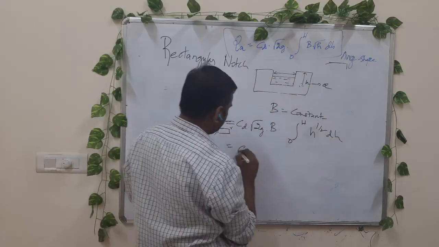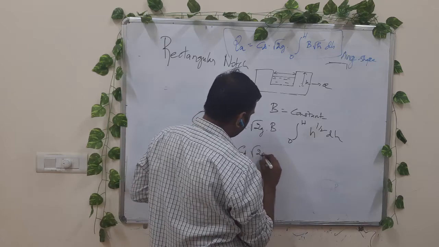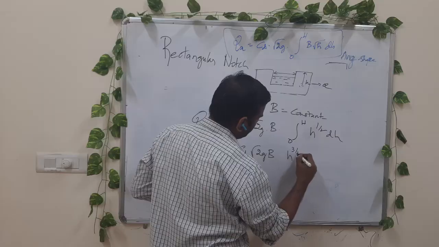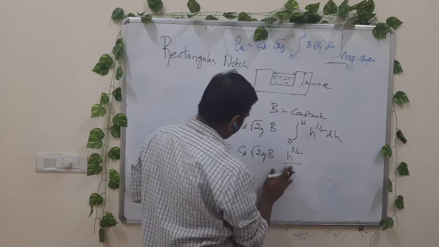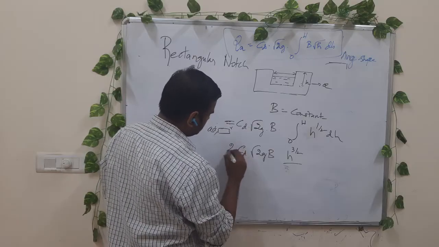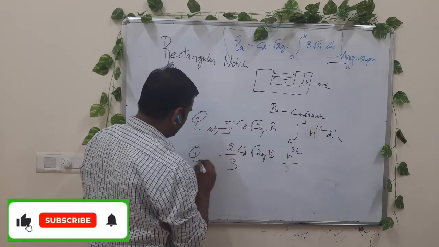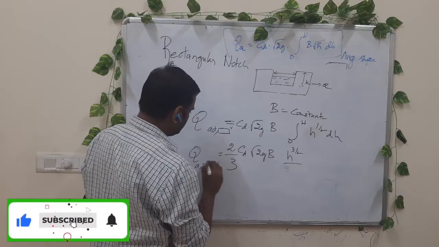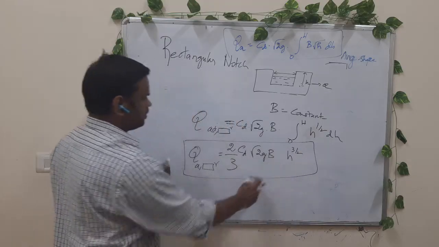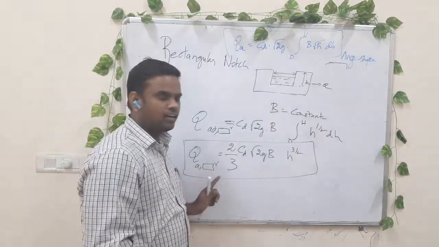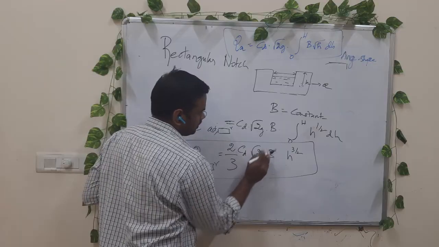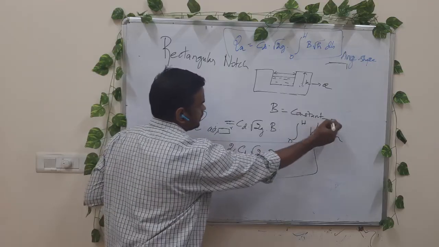After integration, what you get is Cd into square root of 2g into B, h power 3 by 2 by 3 by 2, which we can write as 2 by 3. B is the width in meters.